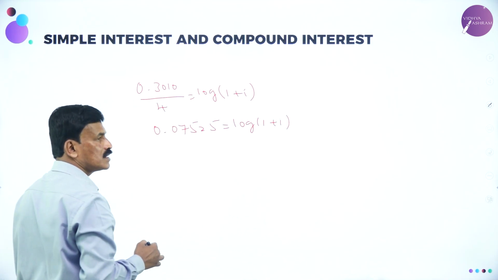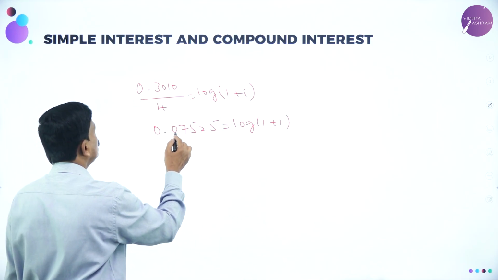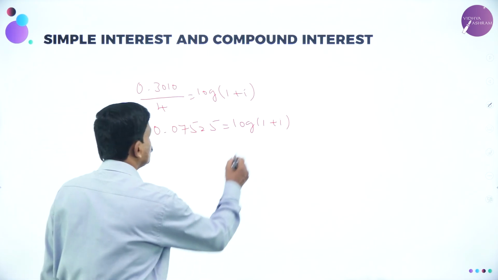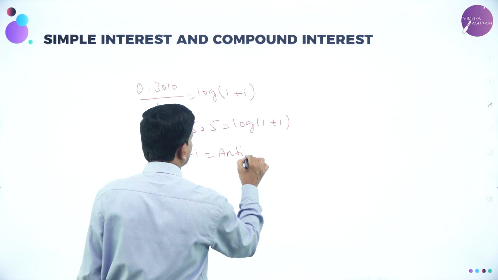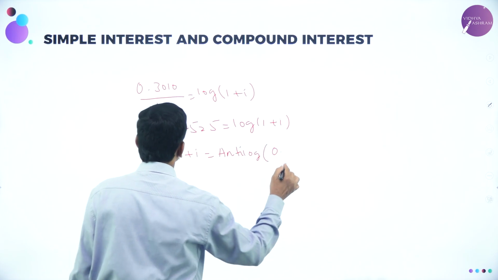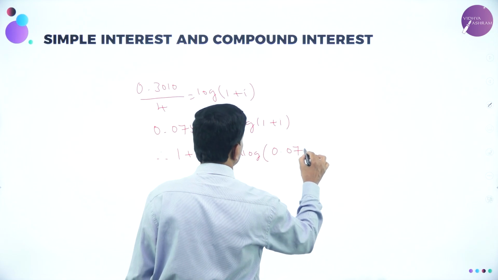So 0.3010 divided by 4 is 0.07525. Therefore, the value of 1 plus I is equal to the anti-logarithm of 0.07525.